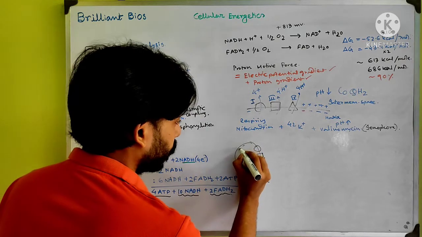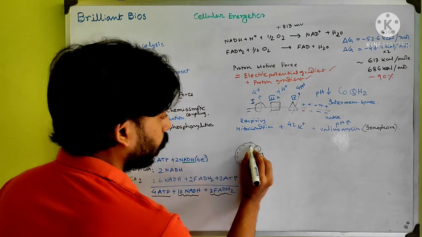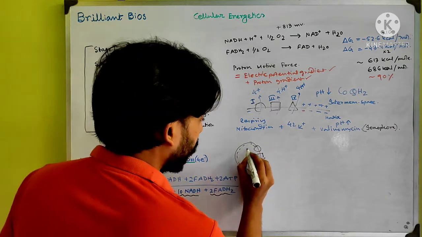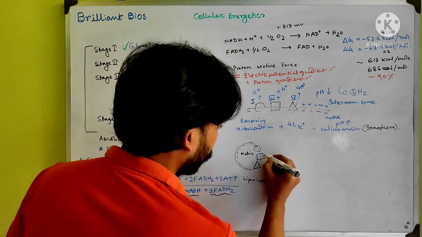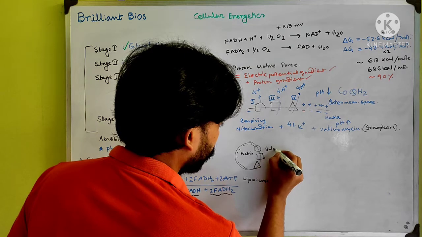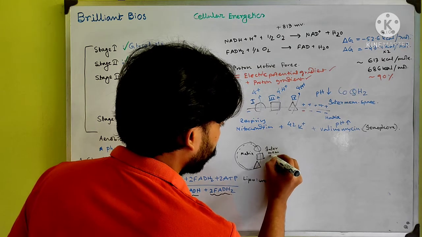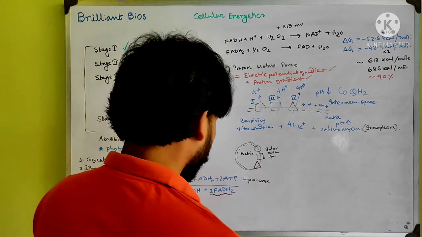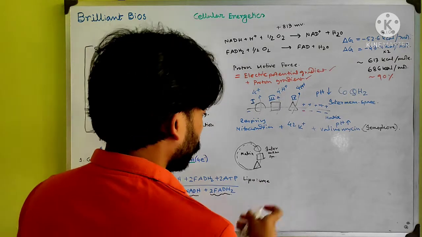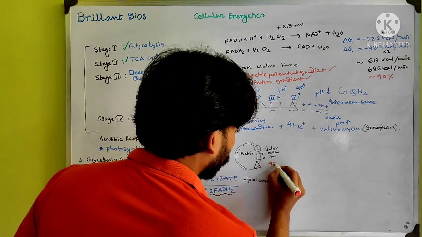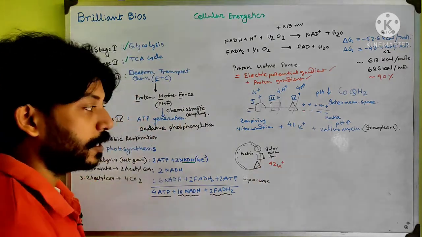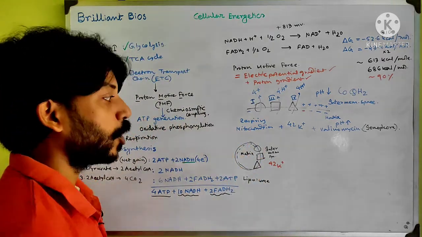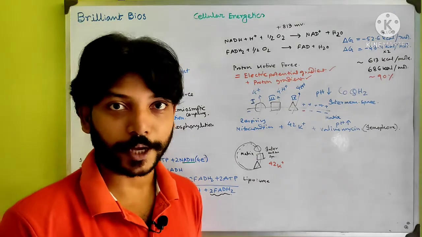This is a membrane bound region. Here the inside works like a matrix, and the outside, the medium, works like an intermembrane space. So when they put radioactive potassium, this radioactive potassium cannot enter inside this membrane, because it is impermeable to all ions.